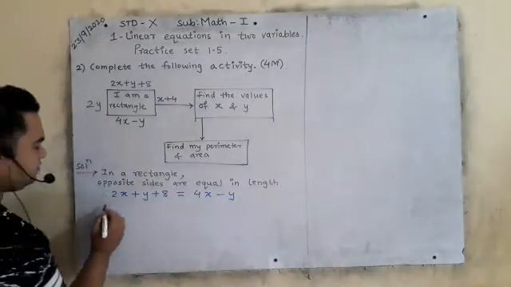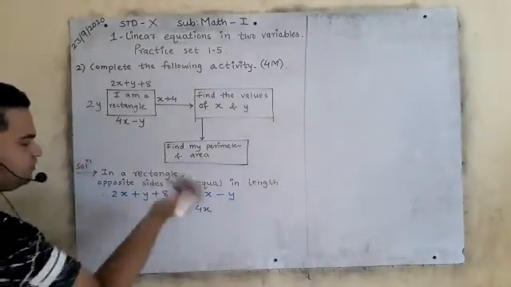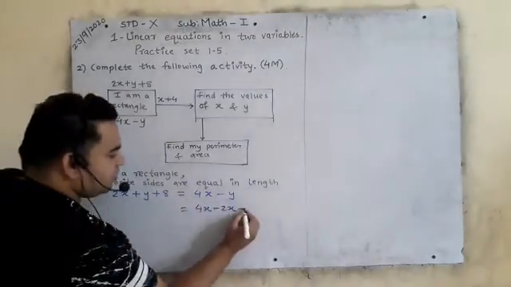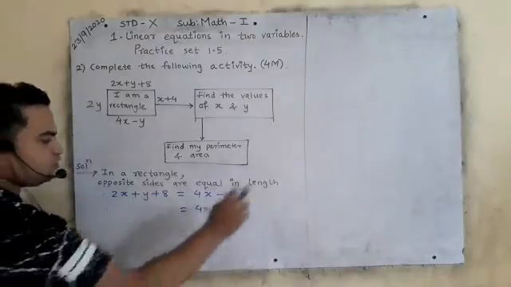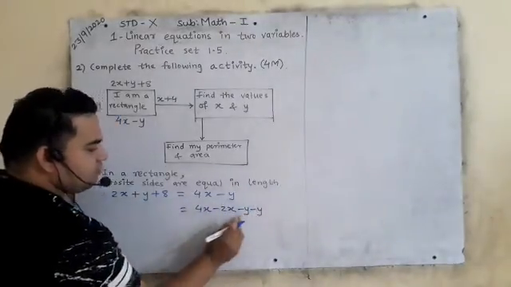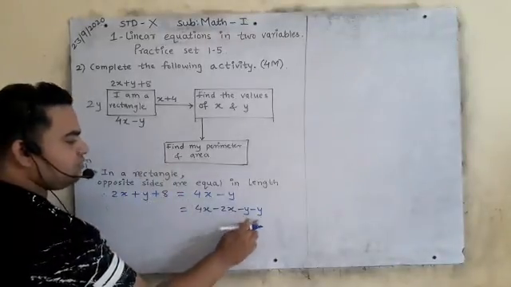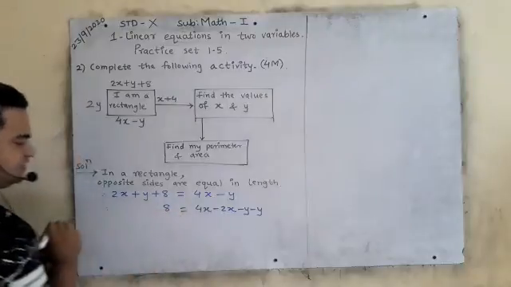Pay attention. I will take 4x, and this 2x will go there, it will be minus 2x. Here it is minus y already, and this plus y will also go there, it will be minus y. Minus y, minus y is minus 2y. And this plus 8 will stay here as it is.